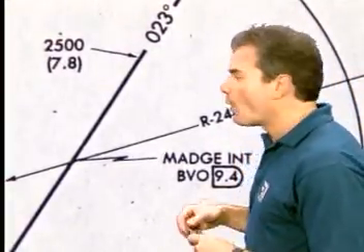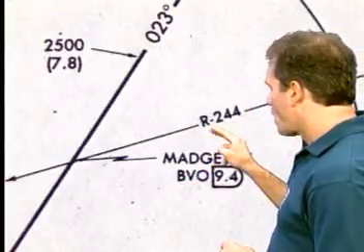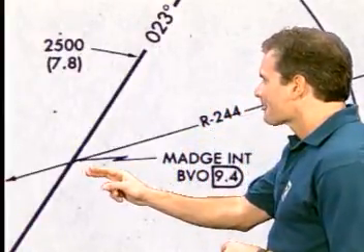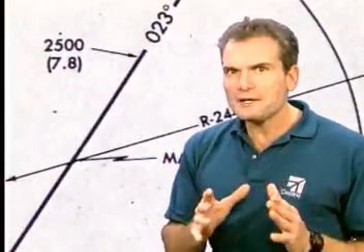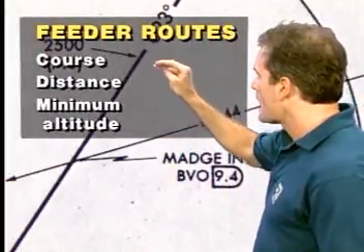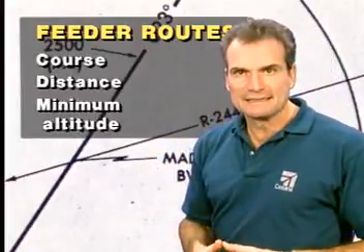Because this arrow only has radial information labeled with an R, it can only be used to identify an intersection, in this case, Madge. It is not a flyable route for starting the approach. Remember, flyable feeder routes will always have a course with the degrees, a distance, and a minimum altitude to fly.